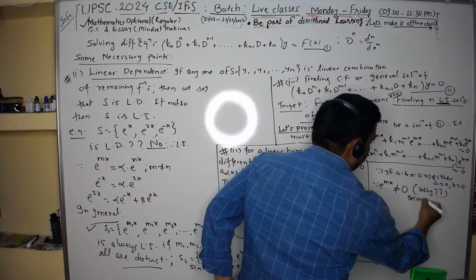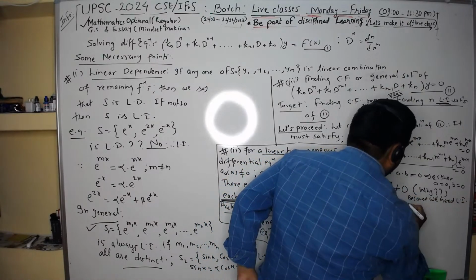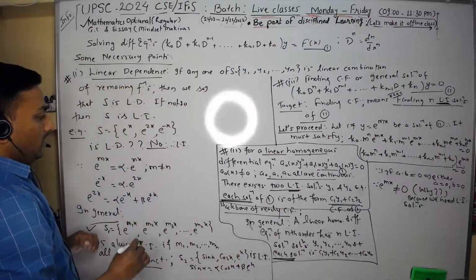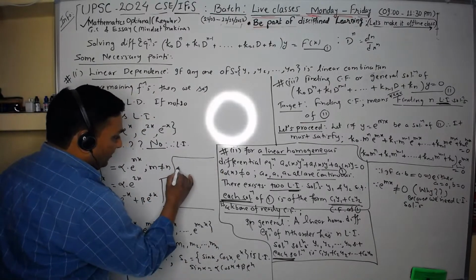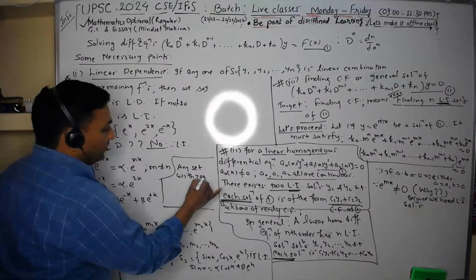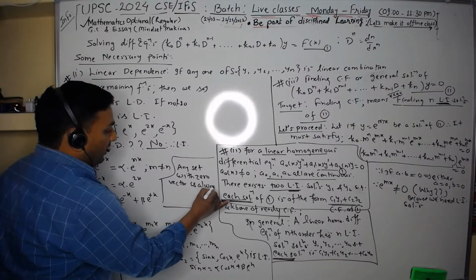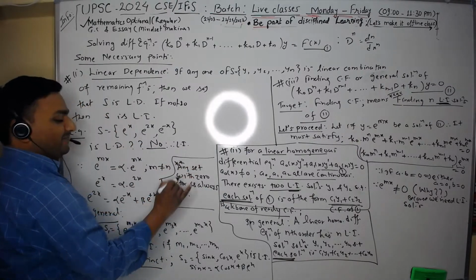Because we need linearly independent solutions. And here, you can write this down: any set with 0 vector is always linearly dependent.